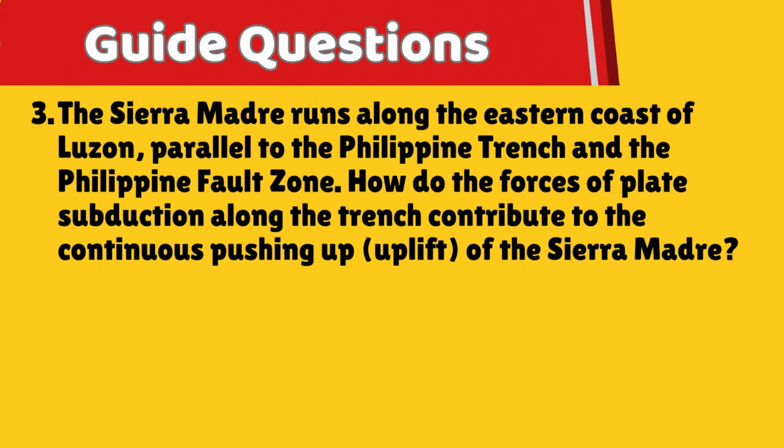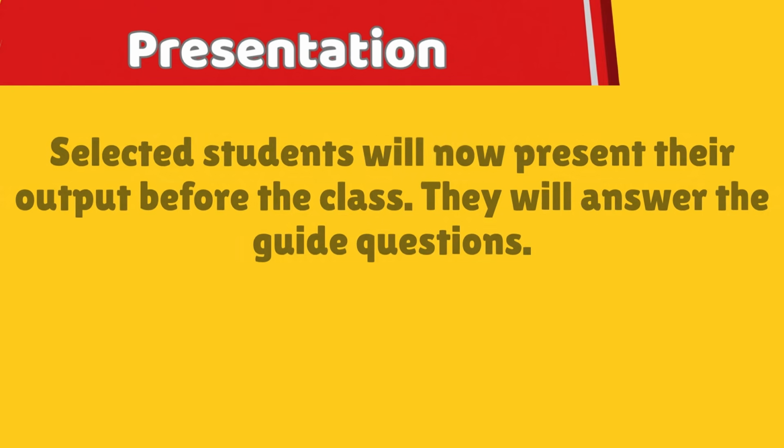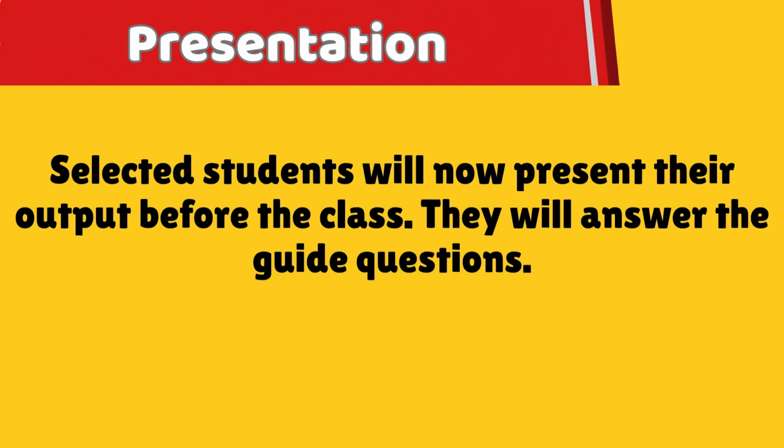And number 3: the Sierra Madre runs along the eastern coast of Luzon, parallel to the Philippine Trench and the Philippine Fault Zone. How do the forces of plate subduction along the trench contribute to the continuous pushing up, or uplift, of the Sierra Madre? And now for the presentation, selected students will present their output before the class.